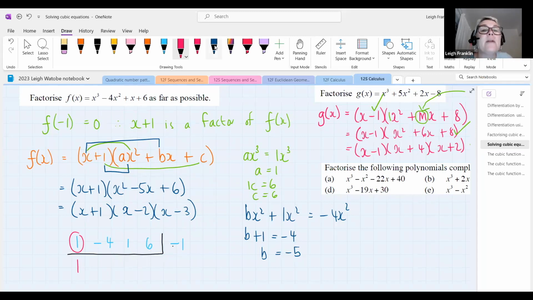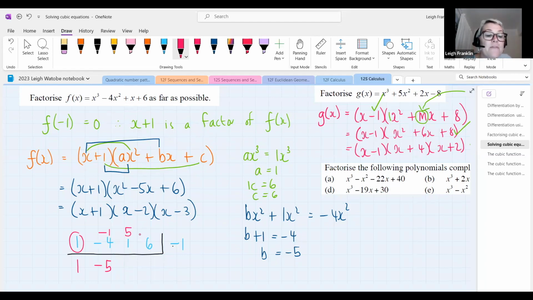That's going to give me minus 1 as an answer. Then I take that minus 1 and put it over here. And then I say minus 1 minus 4. That leaves me with negative 5. And then I repeat my process. So I'm going to say negative 5 times negative 1. That gives me 5. And I'm going to put my 5 above my 1.